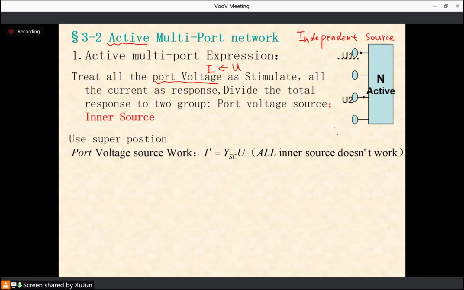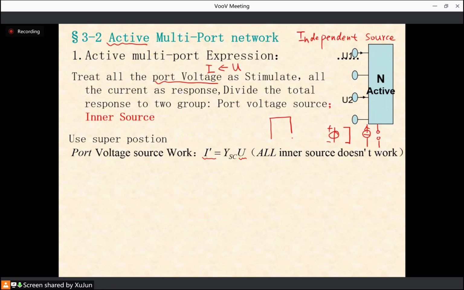No source means the voltage source, we can treat it as a short connect. The current source, we treat it as an open circuit. First, we assume the inner source not work, so we got the I sharp. This is the outside U work alone.